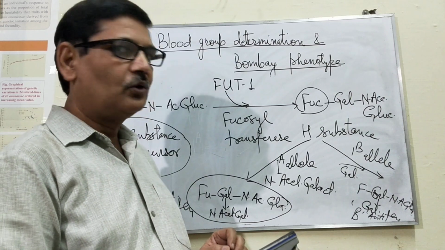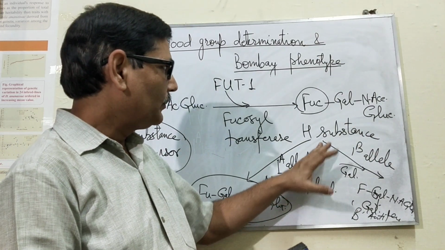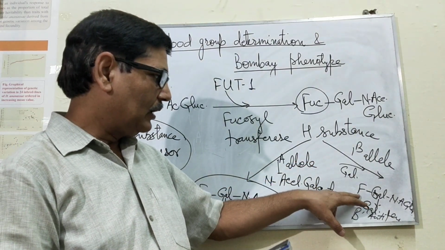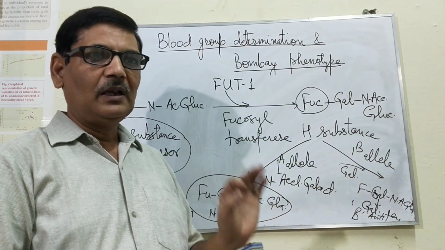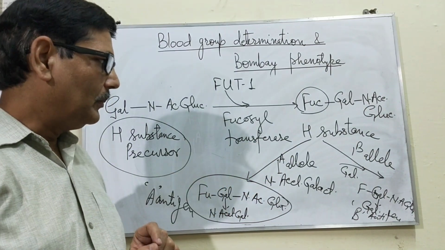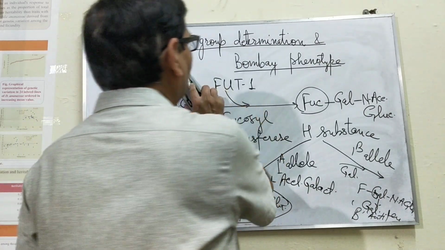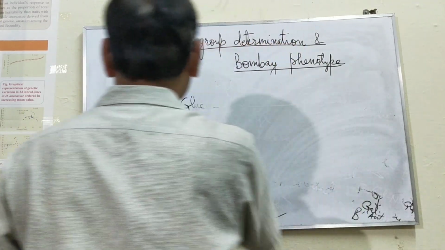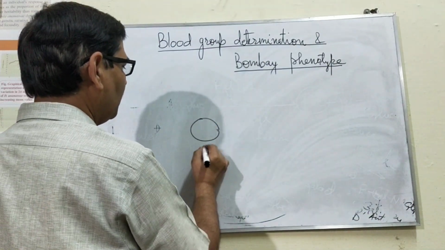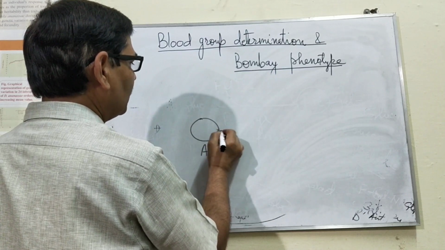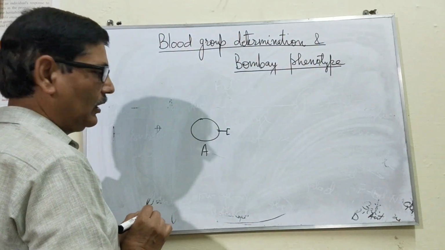And if individual's blood group is O, that is IO alleles are there, in that case there will not be addition of either galactose or N-acetyl galactosamine, and only H substance will be present over the membrane. So this way the blood group gets decided. In fact, when we observe the RBC, in case of A blood group, one will have this H substance attached with, suppose, N-acetyl galactosamine.